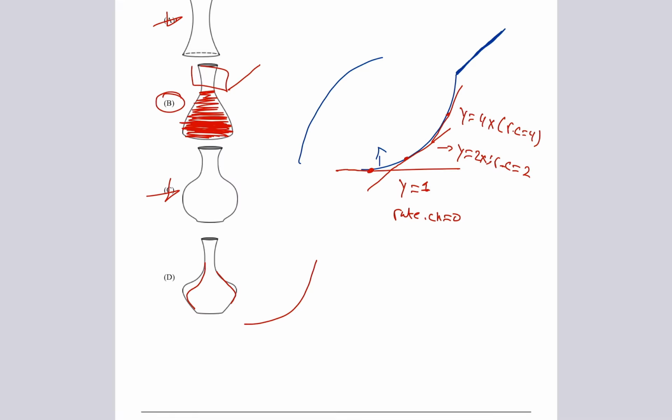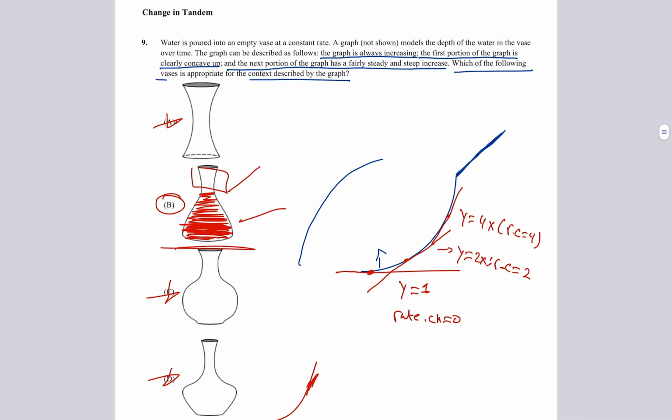So if it looked like this, that would have been correct. Like it's starting to slim in. There are no bumps to it, just like this. Which is definitely the case with option B. Because as it moves upwards, it's going to have to slim in for this to have an increased rate. And D is not the case, so it's option B.